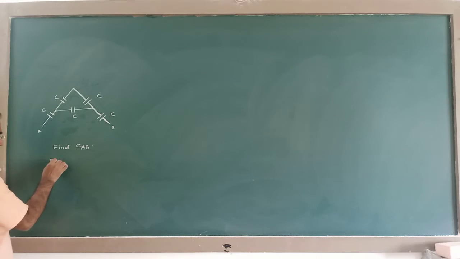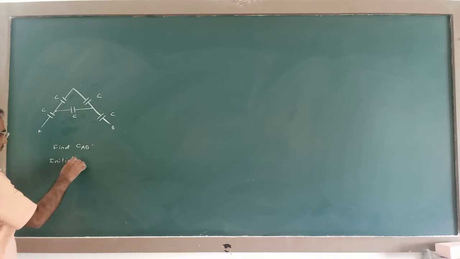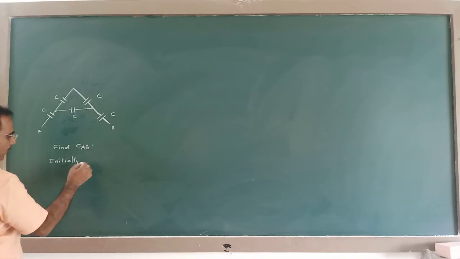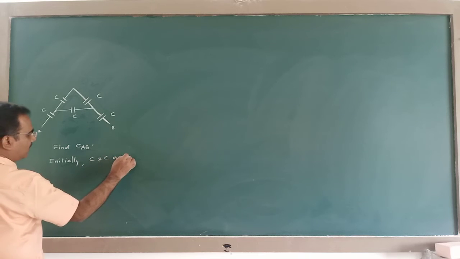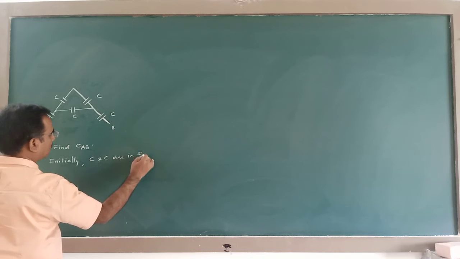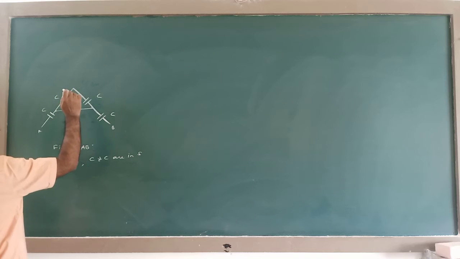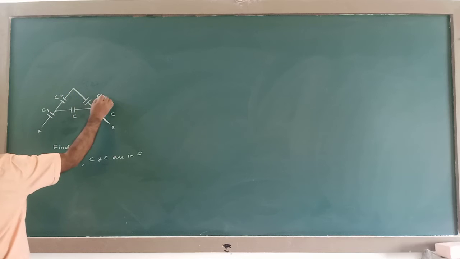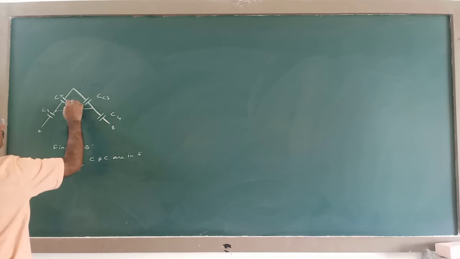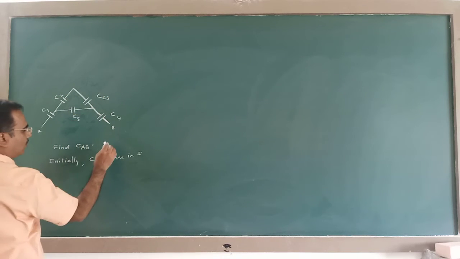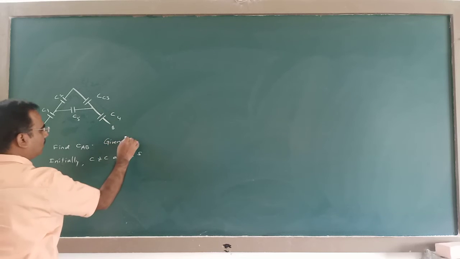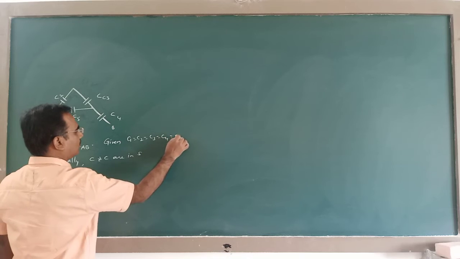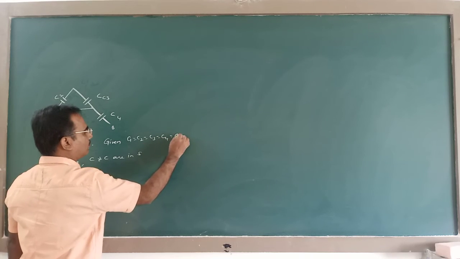So initially, or otherwise I take this as C1, C2, C3, C4, C5. So given all are same.